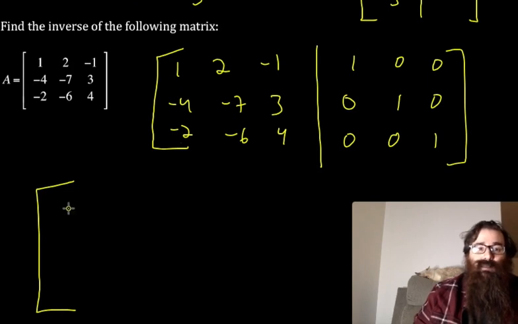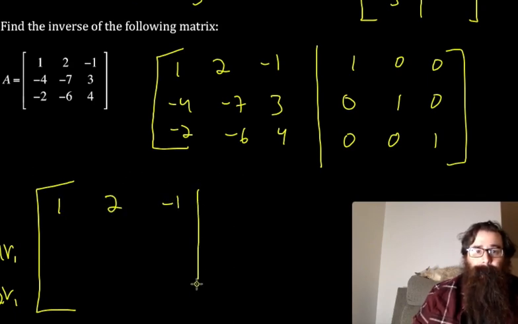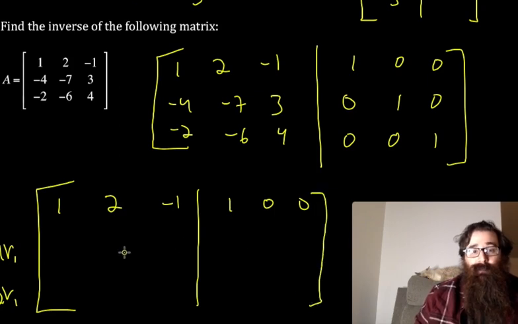Here I can use this 1 in the upper left corner to get zeros underneath it. So I can replace row 2 with row 2 plus 4 times row 1, and replace row 3 with row 3 plus 2 times row 1. Let me just rewrite row 1, because I'm not going to do anything to it.